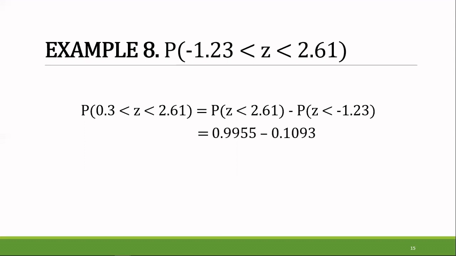Ayan. So, pag hinanap nyo using the table, okay, the value for 2.61 is 0.9955. And for negative 1.23 is 0.1093. So when we subtract these two, that will give us 0.8862. Okay?